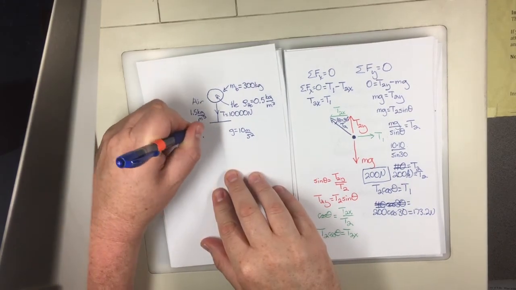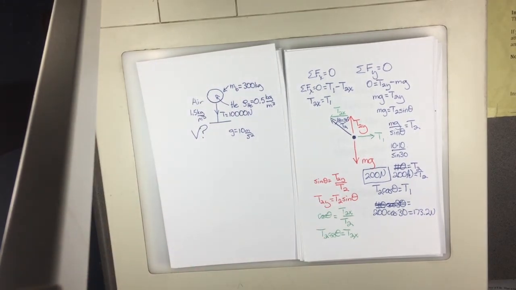Question, what's the volume of the balloon? The balloon obviously is fully submerged in the atmosphere. So the volume of displacement is going to be the total volume. I'm not really interested in the radius of the sphere or anything like that. I don't think I'll get cute and ask for geometry problems because this is not geometry class.